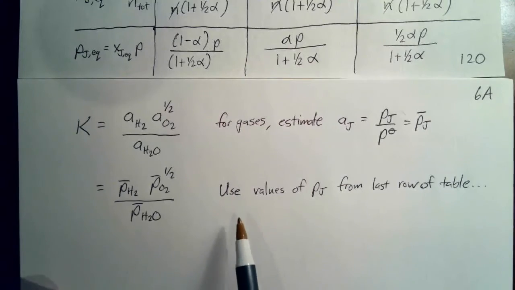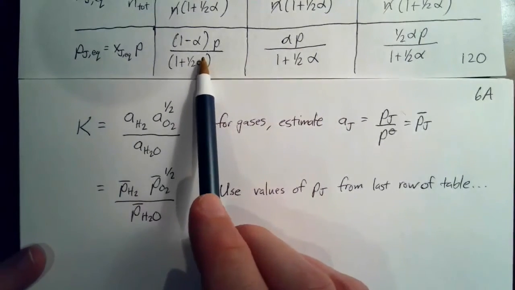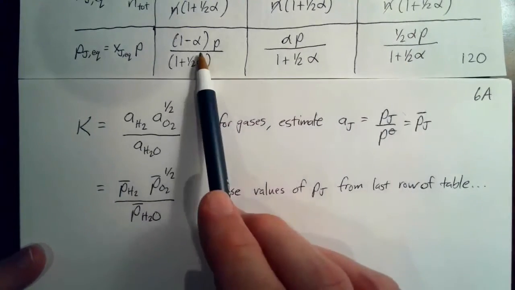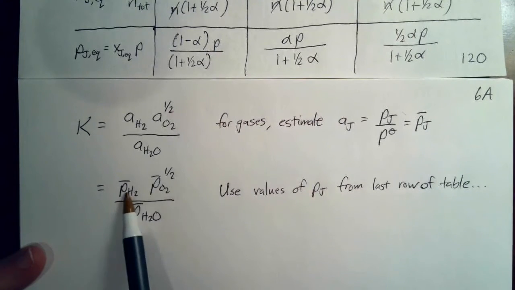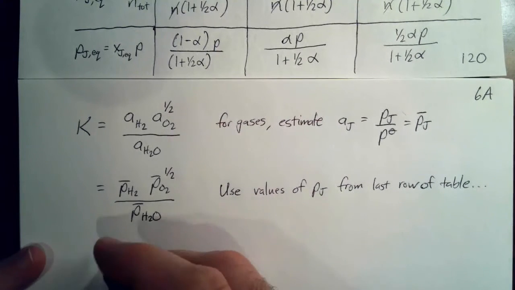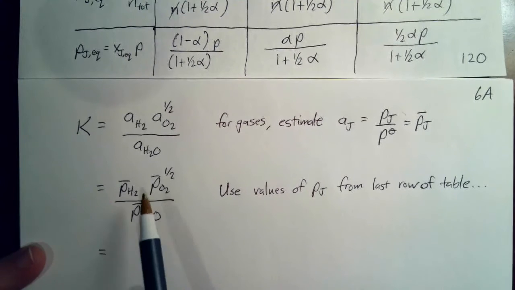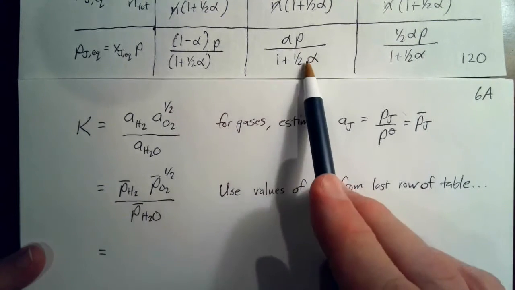All right, and then the next step is to take these values for the partial pressures that I calculated in terms of alpha and plug them in down here. So one at a time, we've got the partial pressure of H2, which is this one.